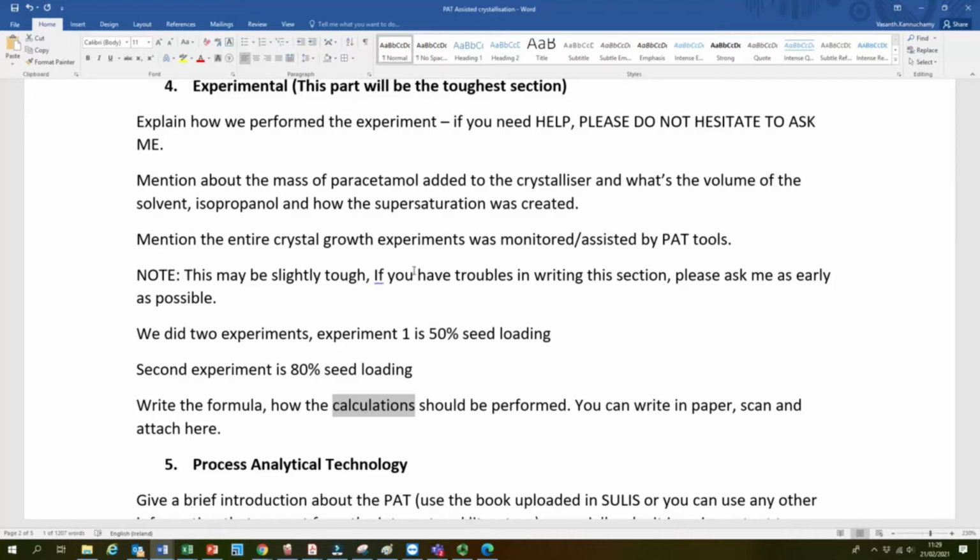Based on these 2 values and the experimental condition, which is your initial supersaturation, in our case I think 1.18, you can calculate the amount of paracetamol that we need to add into the crystallizer. So try to use those formulas and explain it. I already solved it in part 4a, I think. So repeat it, write it clearly, and then scan and upload it here.